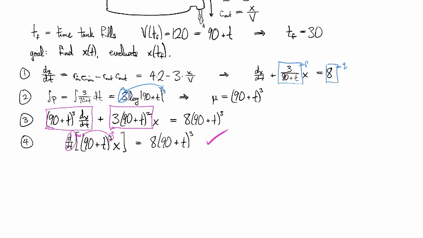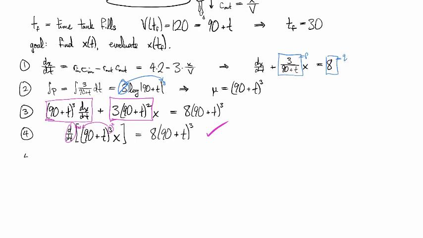And now it's time to continue by integrating both sides. Integrating the left gives me 90 plus t quantity cubed x is equal to, and on the right hand side I've got 8 times the integral of 90 plus t cubed dt.